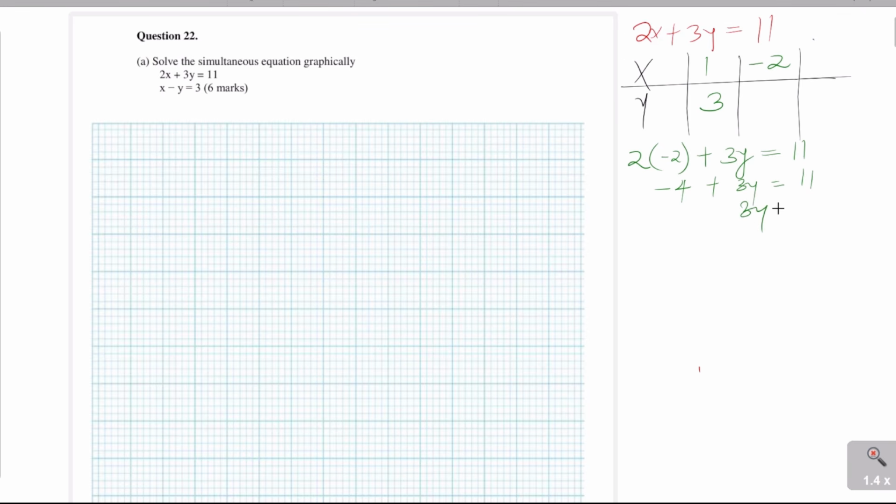So 3y equals 11 plus 4 when you take negative 4 to the right-hand side, which gives 15. So y will be 15 divided by 3, dividing both sides by 3. This will give 5.